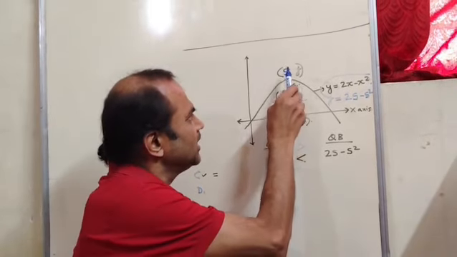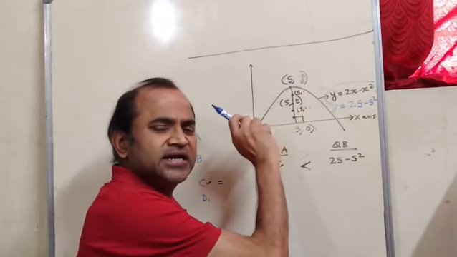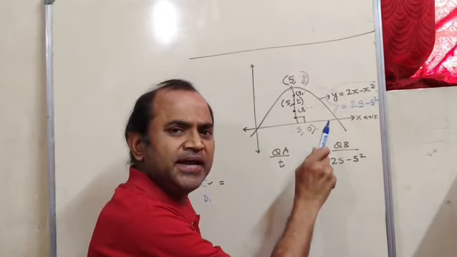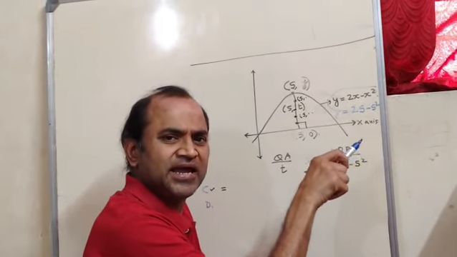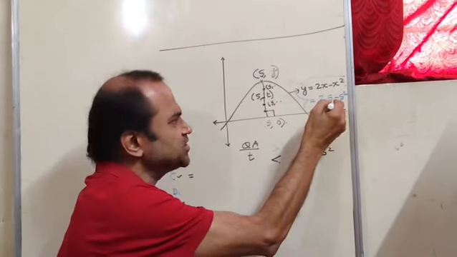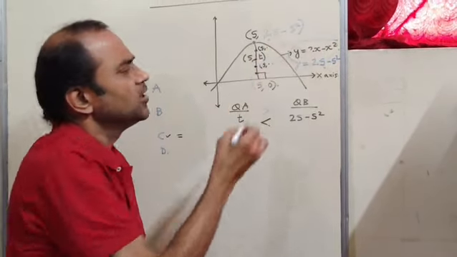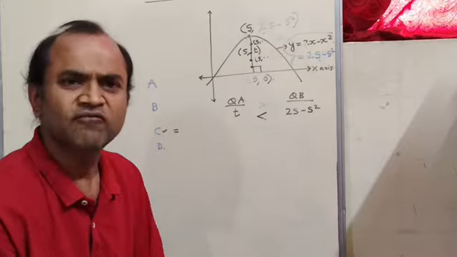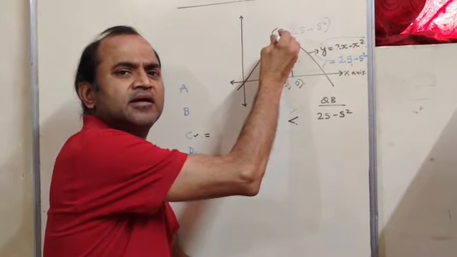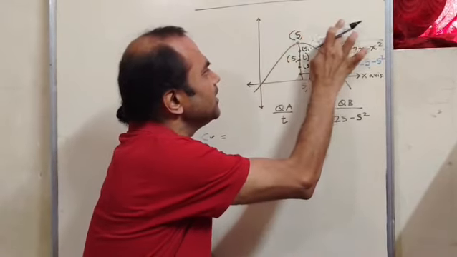So that means if the x-coordinate is s in this point, the corresponding y coordinate of this same point, obtained by substituting s in x in the equation of the parabola, will be 2s minus s square. 2s minus s square will therefore be the y coordinate of this point that lies on the parabola, with the x coordinate being s.